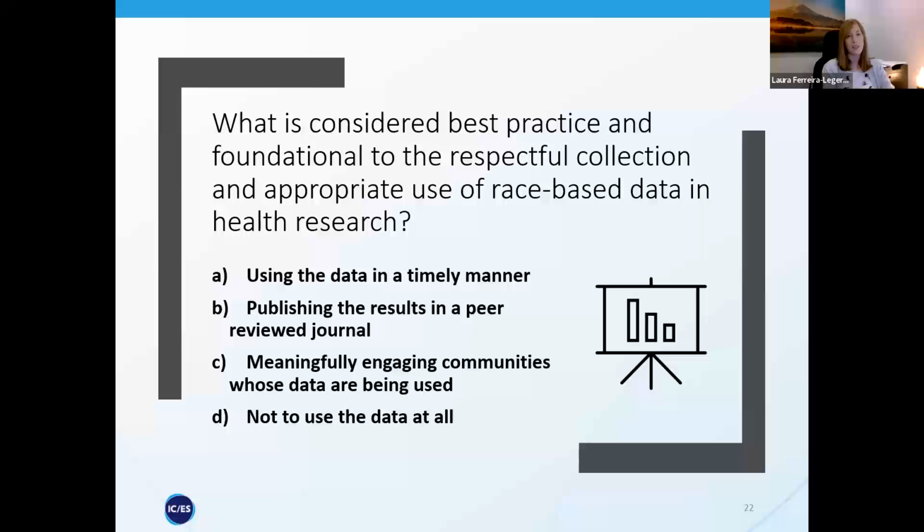Basically, what is considered best practice and foundational to the respectful collection and appropriate use of race-based data in health research? Is it using data in a timely manner? Is it publishing the results in a peer-reviewed journal? Is it meaningfully engaging communities whose data are being used, or not to use the data at all? So if we could launch that Zoom poll, we'll give it a few more seconds.